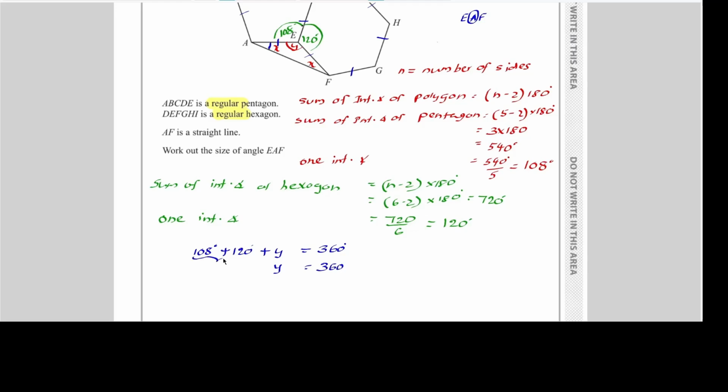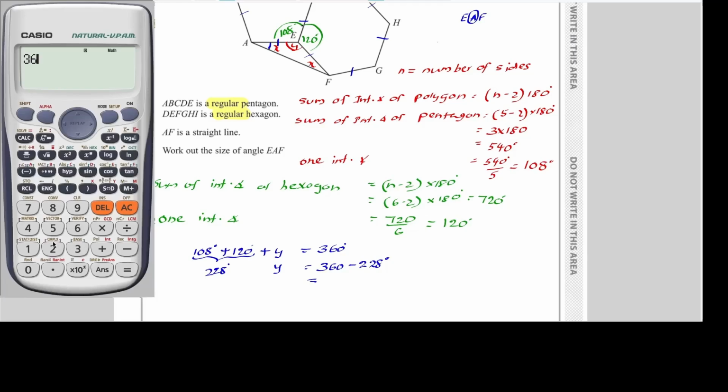Once we add these two together, we get 228. So when I send this over to the other side, minus 228. Then we get 360 minus 228 equals 132. So this angle is 132.